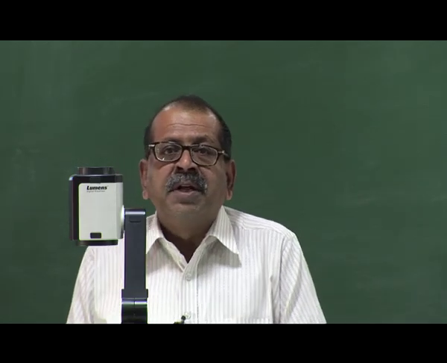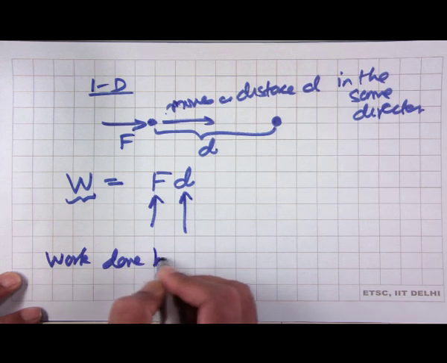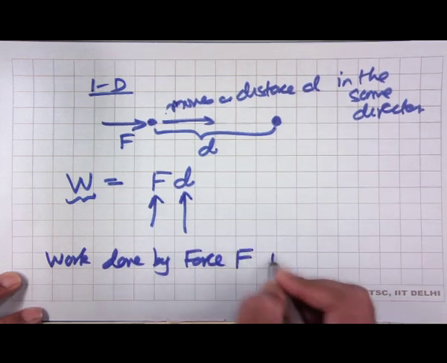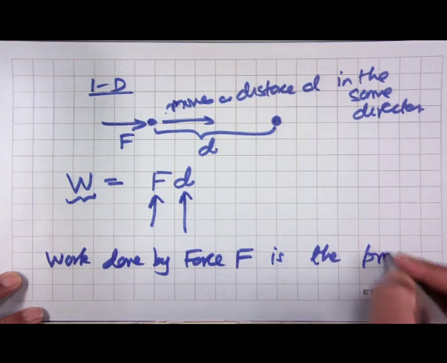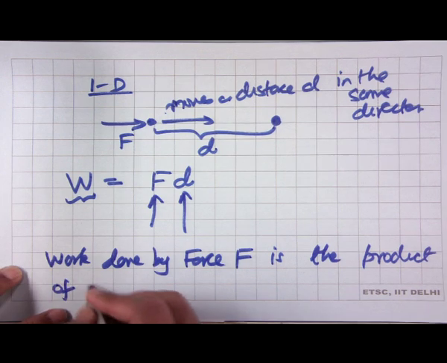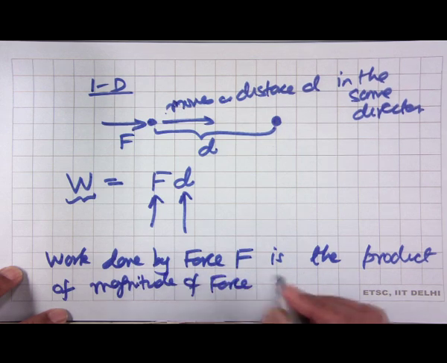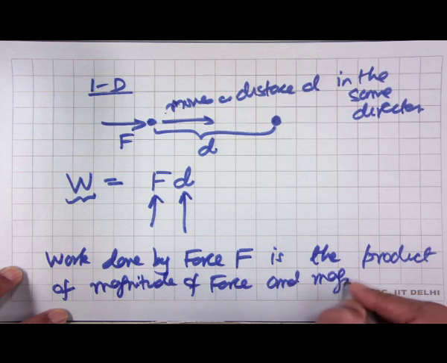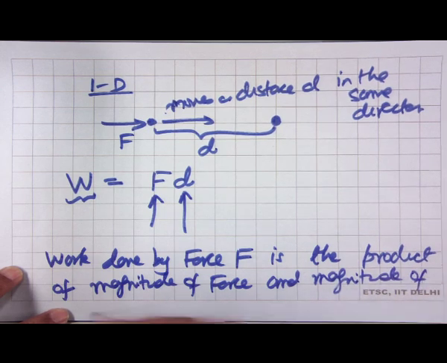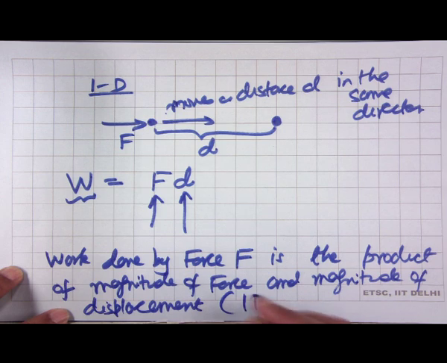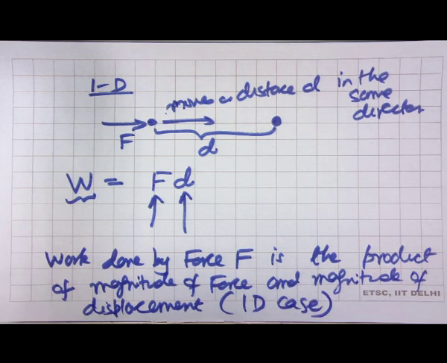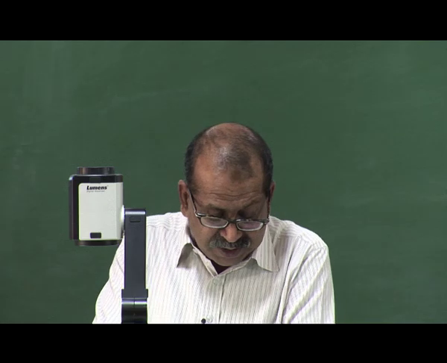That will be called the work done by force F. So, work done by force F is the product of the magnitude of force and the magnitude of displacement, and we should say this is for a one dimensional case. We will generalize this to a two dimensional case slightly later.